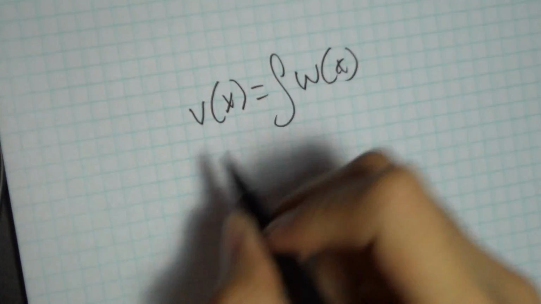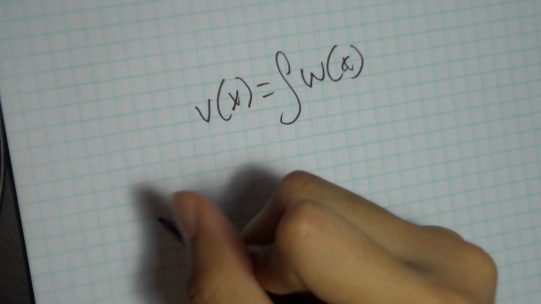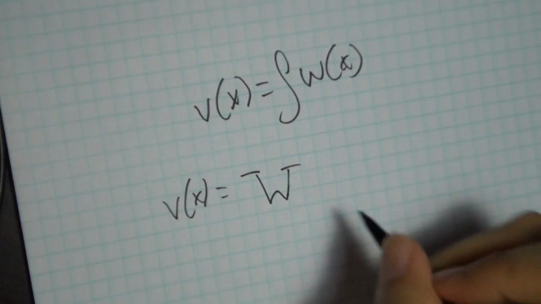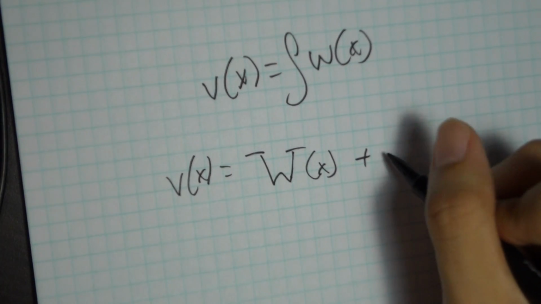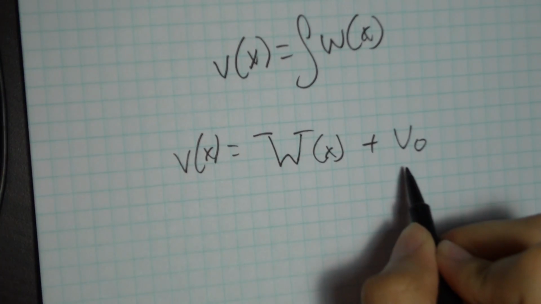So this is little w. V of x is actually equal to capital W plus some constant. Let's call this V naught. This is your reaction.